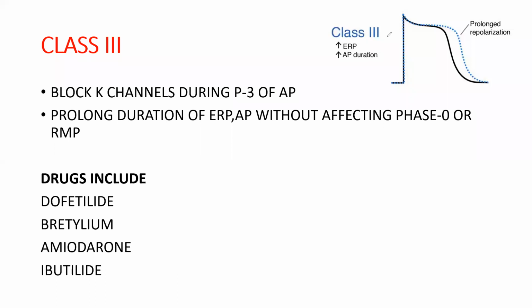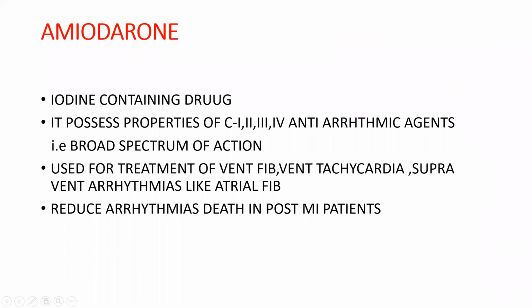And coming to amiodarone. Remember, it is an iodine containing drug. First point finished. Second point, it has broad spectrum of action. What do you mean by this? It possesses the properties of all 4 antiarrhythmic classes.